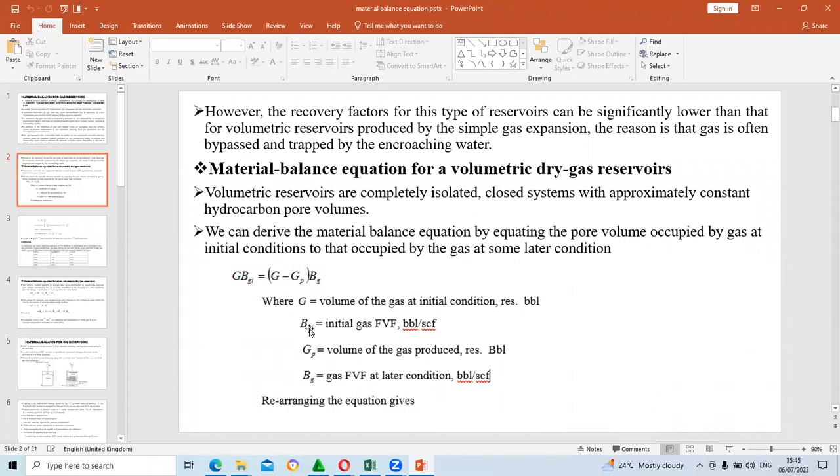So the formation volume factor is the volume at any reservoir condition divided by the volume at standard condition, a standard condition of 60 degrees Fahrenheit and 14.7 psi. So if I have my initial formation volume factor and the amount of hydrocarbon in that particular reservoir, all of this gives us the volume of hydrocarbon in that reservoir.